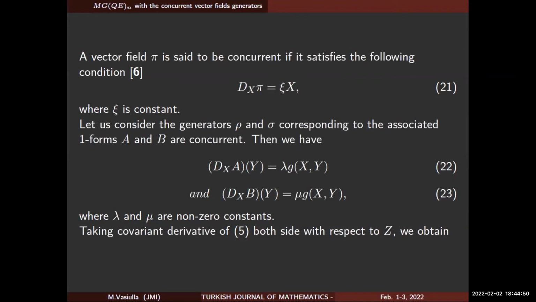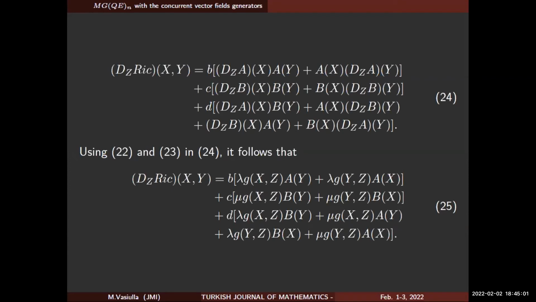Taking the derivative of equation number 5 with respect to z, we obtain equation number 24, and using 22 and 23 in 24, it follows that 25.